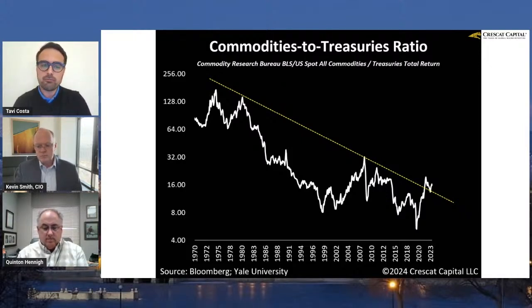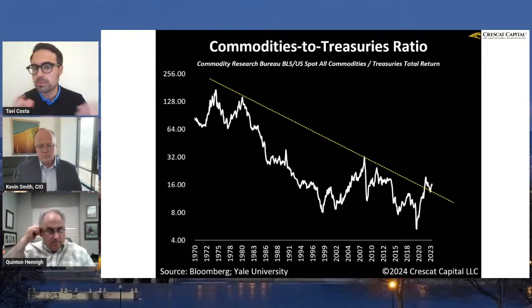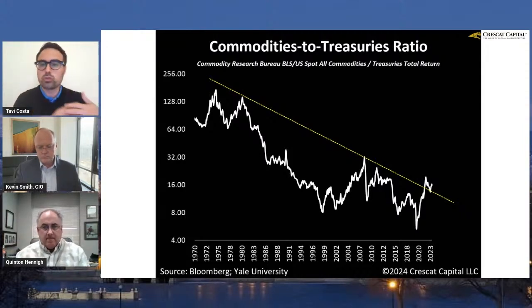Now, if gold had such an incredible decade, not only gold, but silver, copper, agricultural commodities, energy, had such an incredible period of performance in the 1970s, despite the fact that interest rates were rising as much as they did, what would have happened today where we do have some level of limitation of cost of capital rising, given the fact that we have such a large imbalance.